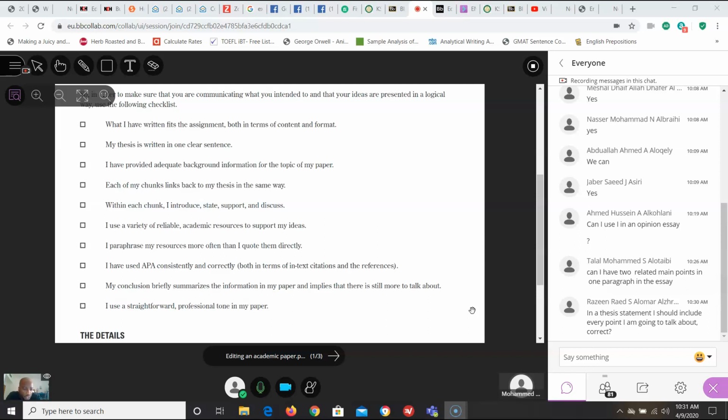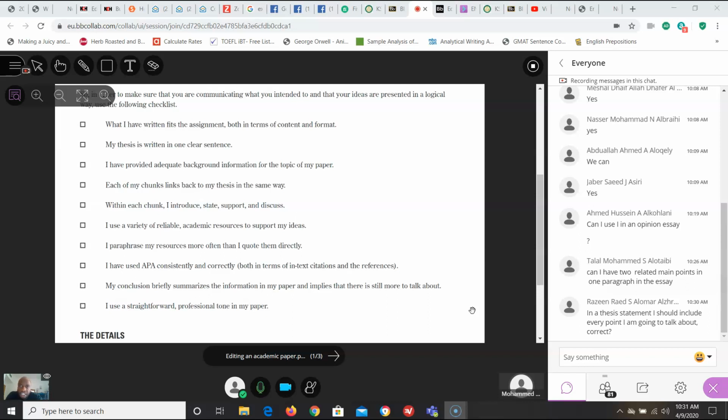We have a question from Razan: in a thesis statement, should I include every point I'm talking about? It's not every point, but all the main points. If you use a thesis statement generator, which can be good when you're first learning how to write a thesis statement, it will tell you to come up with three points. As you get better, you'll be able to write it without a generator.